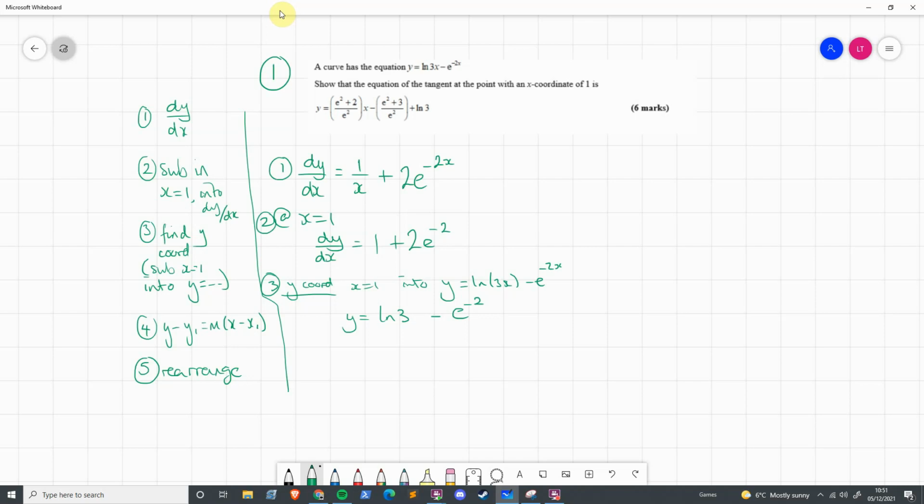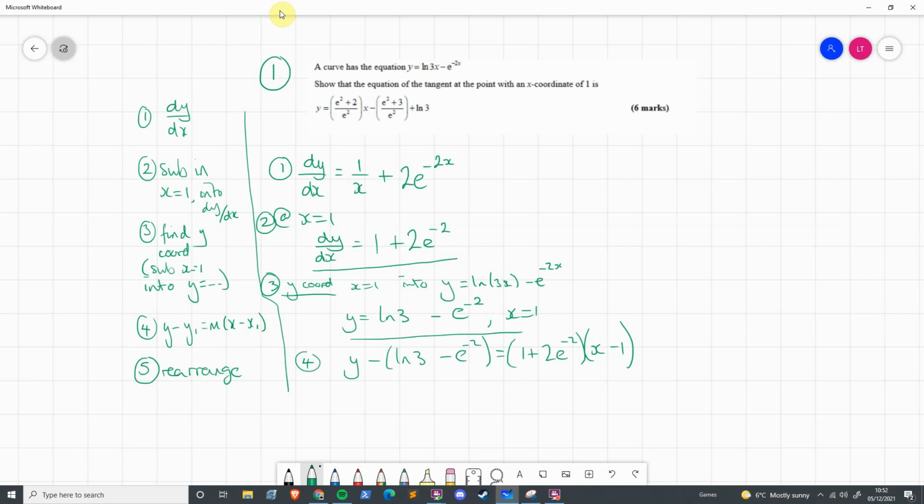Next thing, I've got a coordinate pair, I've got a gradient, all at x equals 1. So step 4, I can do y minus y1 equals m brackets x minus x1.